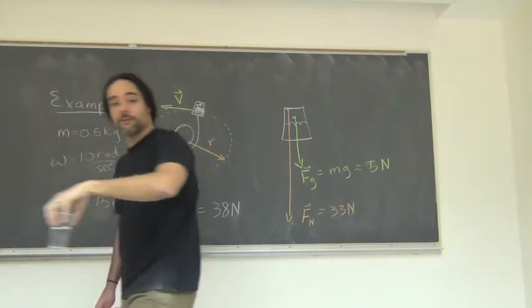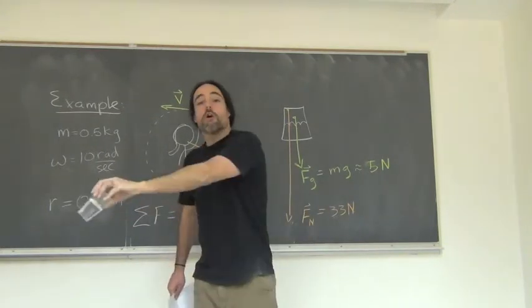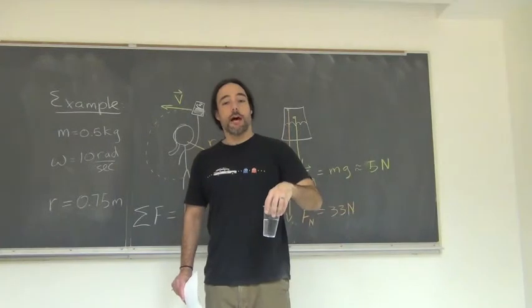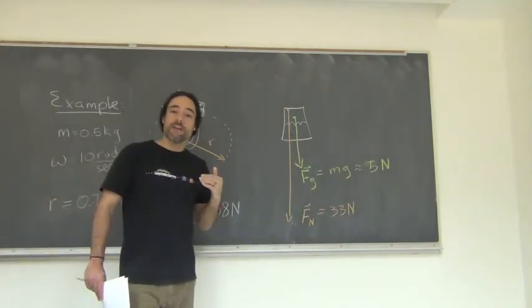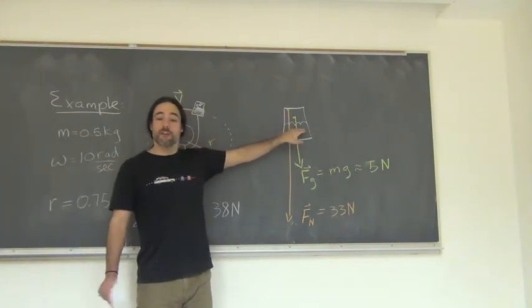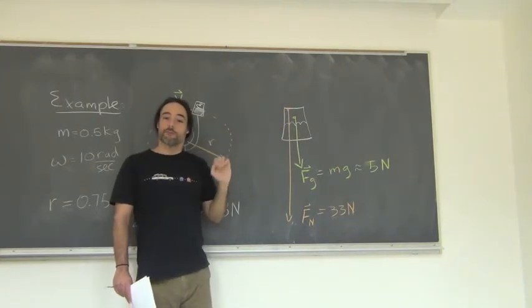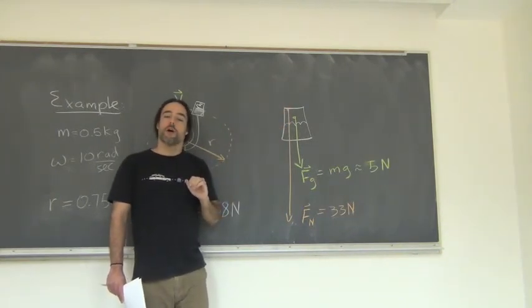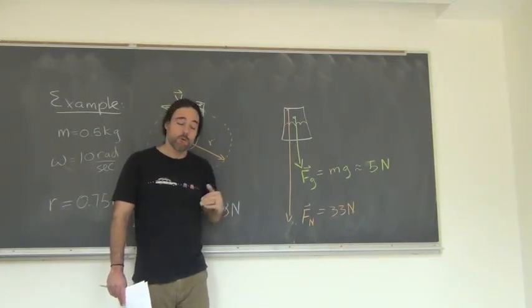So as I do this, as I take my water and I spin it around, the water would have come flying out the top. Now, the reason it doesn't fall out is partly because I have that normal force. Without that, I don't have a normal force. The water comes flying out of the top. However, it could come flying out of the bottom if I moved too slowly.